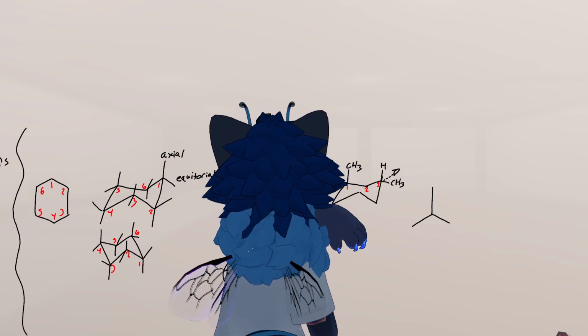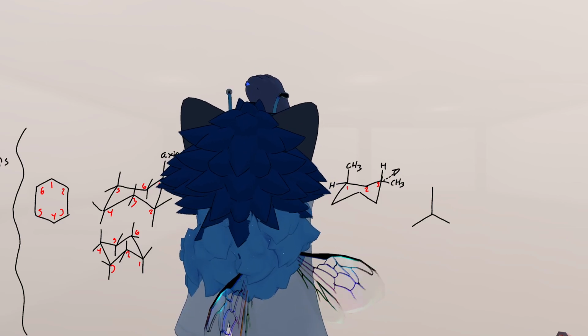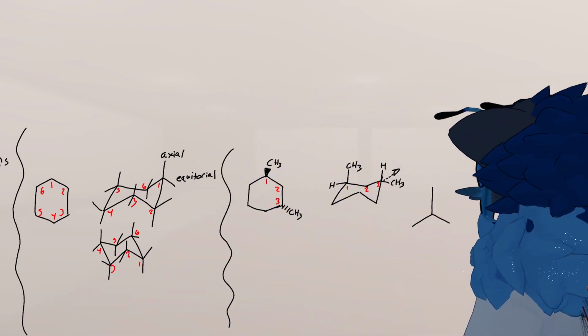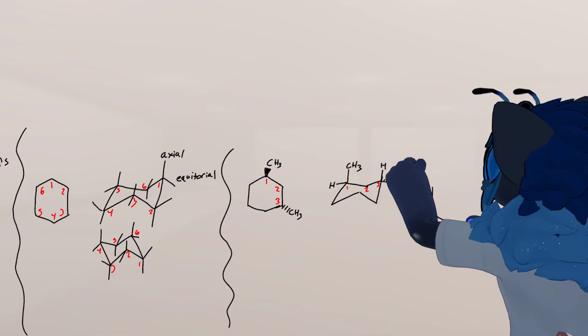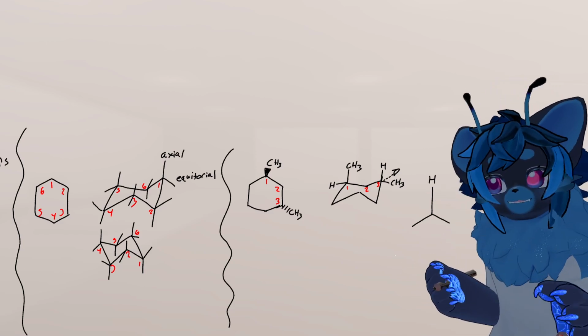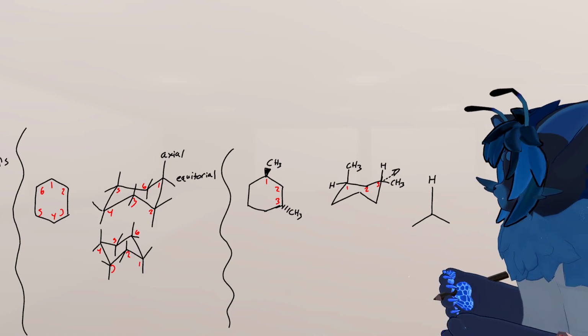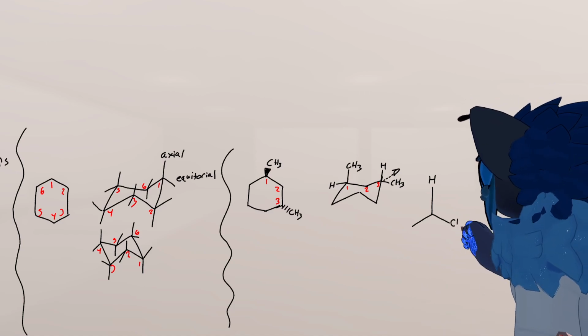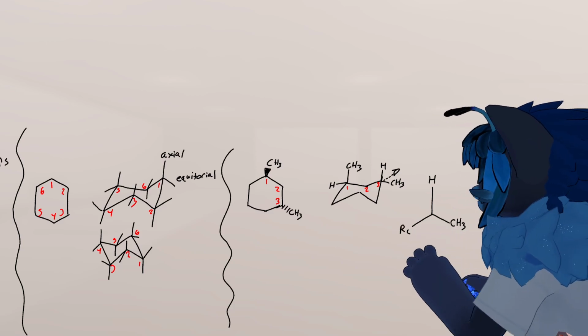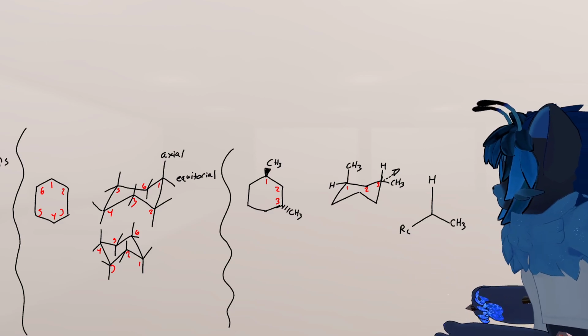Yeah, this right. So our hydrogen's pointing up, methyl's pointing to the right, and our ring carbon is to the left. Obviously, when you get your model kit, you can see that. I'm going to put RC for ring carbon.